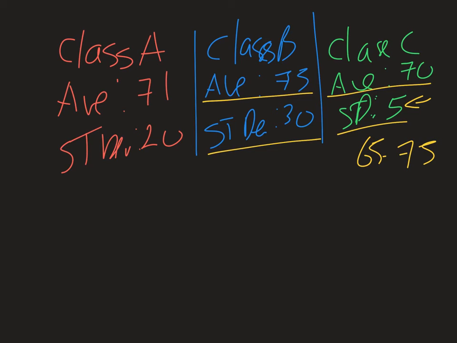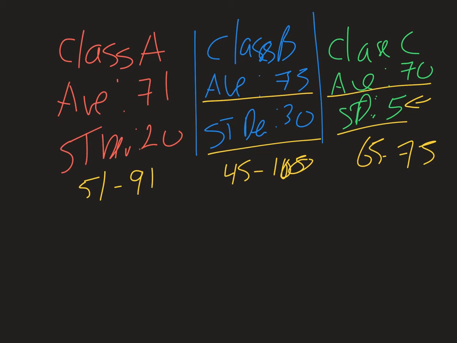Whereas if we look at Class B, we're looking at anywhere from 45 to theoretically 105. We know that 105 is not possible, but sometimes when we think about variation, we don't necessarily meet the context. So we could safely say between 45 and 100. And if we look at our original class, we're within 51 to 91.